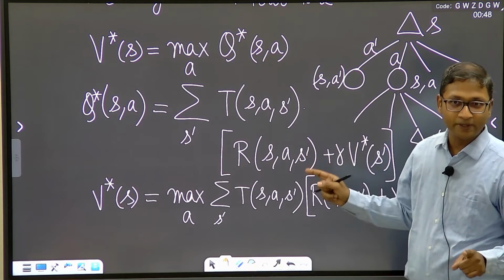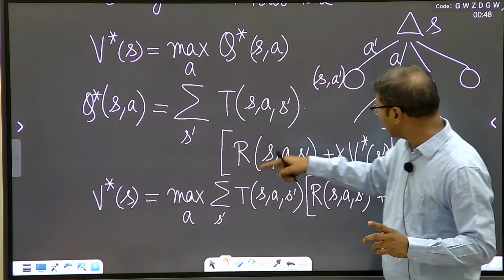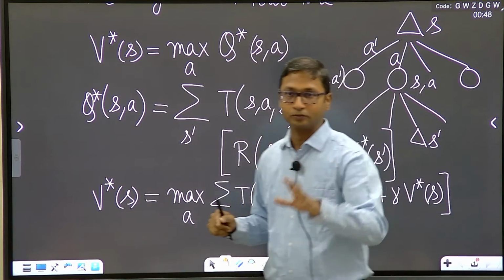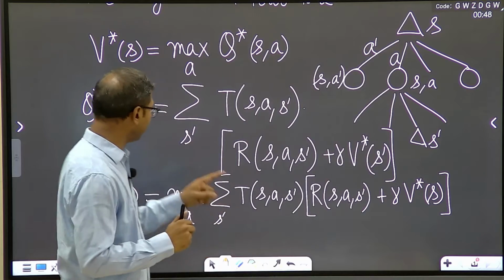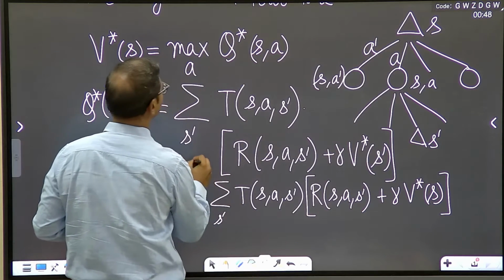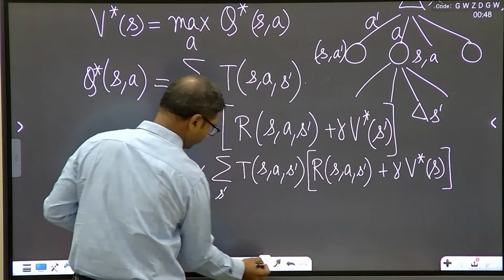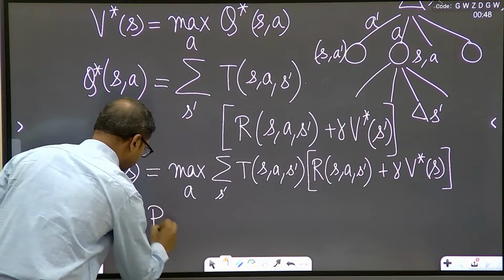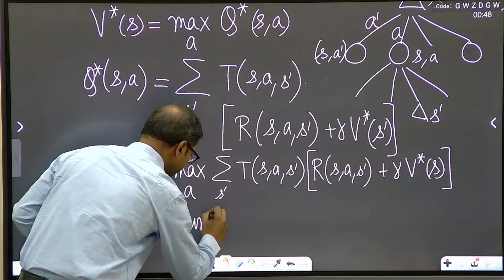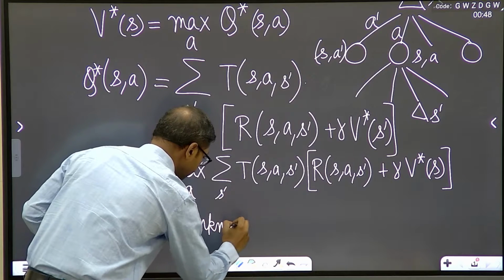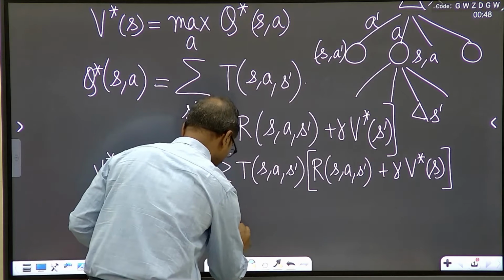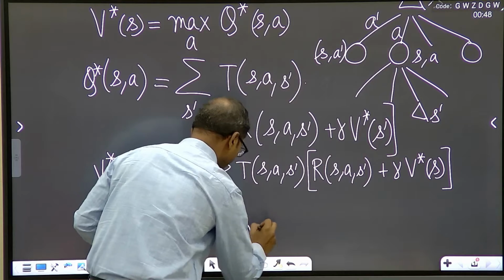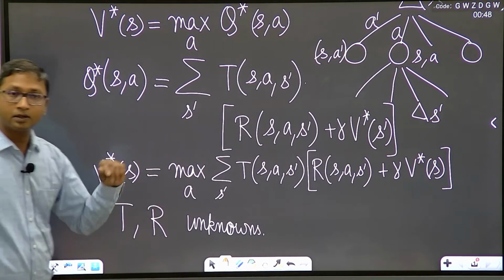So, in MDPs, you know all these quantities, they are just given to you. In reinforcement learning, T and R are unknowns. Right? T and R are unknowns.